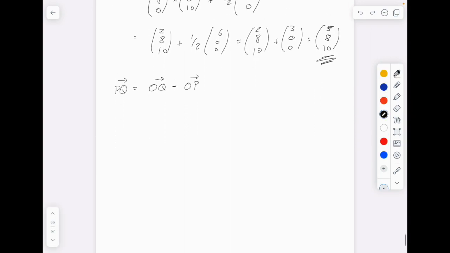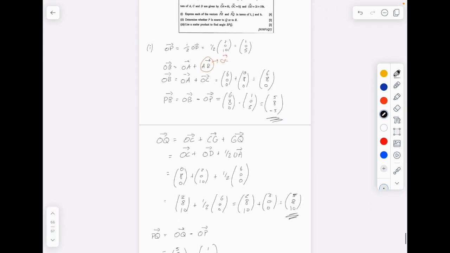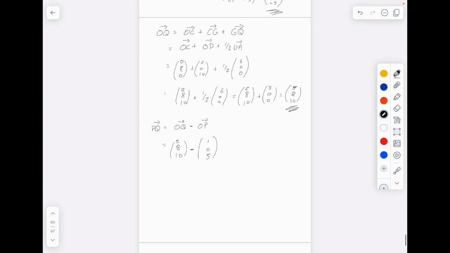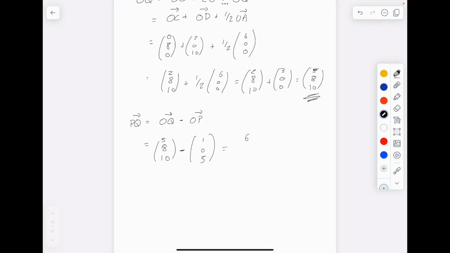So PQ is simply going to be (5, 8, 10) minus (1, 0, 5). Okay? Which gives you what? Sorry, (4, 8, 5). My bad. Right? And that, guys, is going to be the final answer for number I.